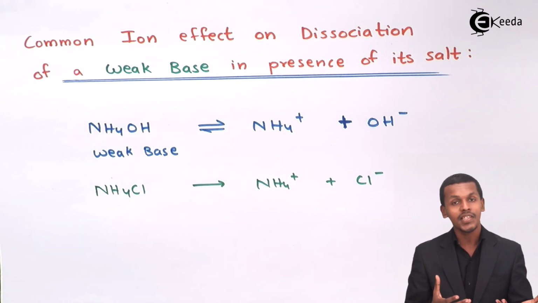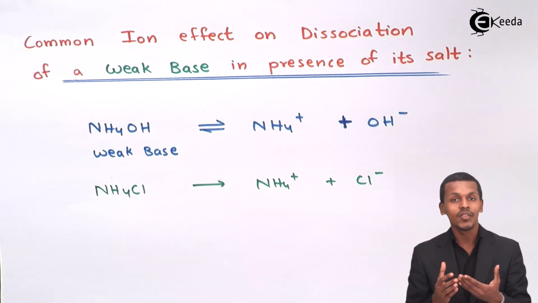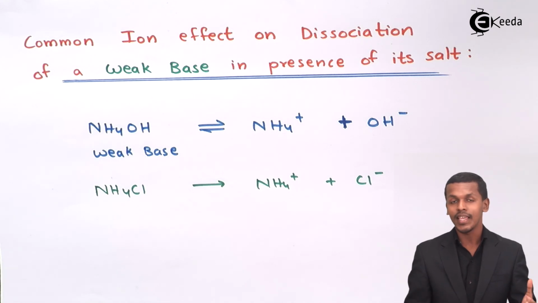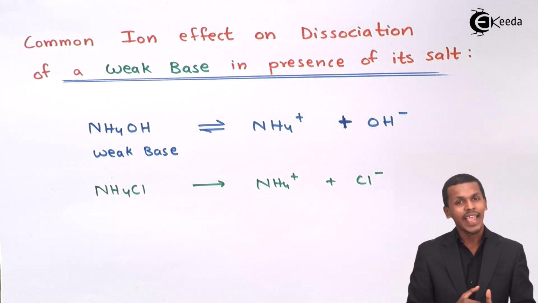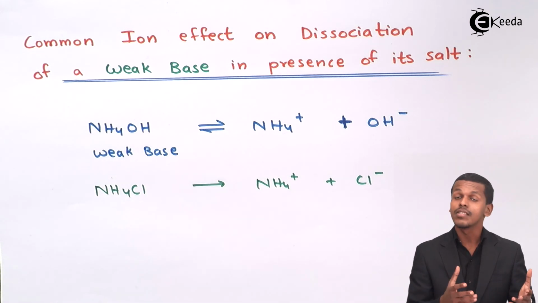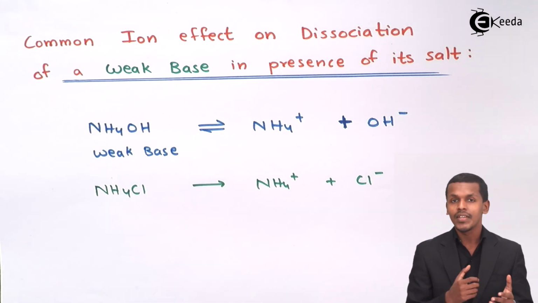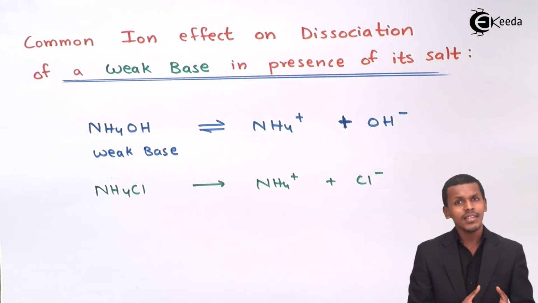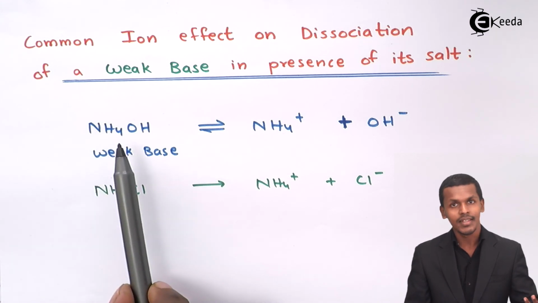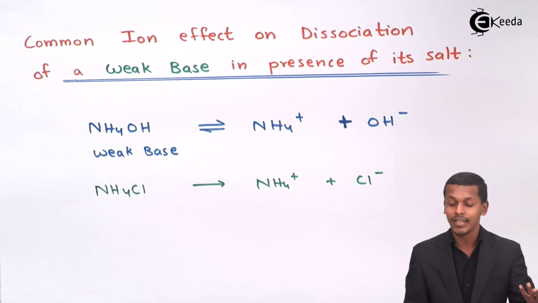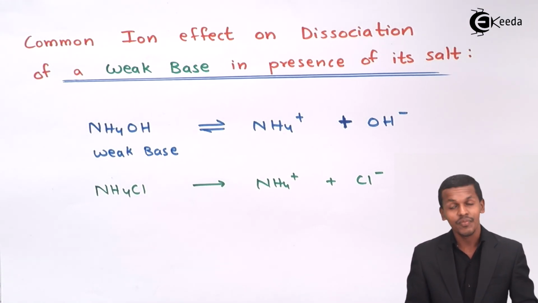It used to form a basic solution, but now the pH value is decreasing, so we can say that the OH minus has been consumed in the overall process. The pH is not only decreasing, but the suppression of the dissociation is also being shown in this process.